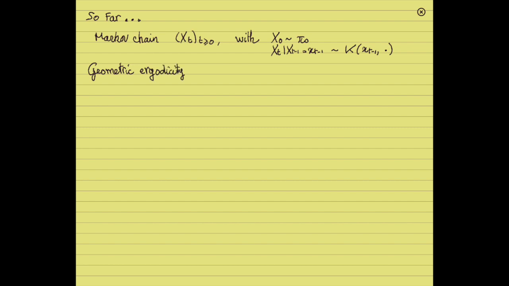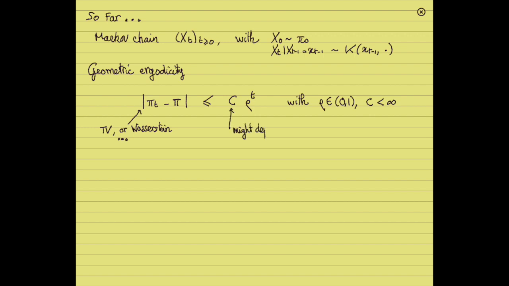That is, obtaining an upper bound on the distance between the t-th distribution of the chain, pi_t, and pi, of the form C times rho to the power t, where rho is called the rate, a value between 0 and 1. C is a finite constant. The distance itself is TV or Wasserstein, for example. And C, the constant, might depend on the initial distribution of the chain.